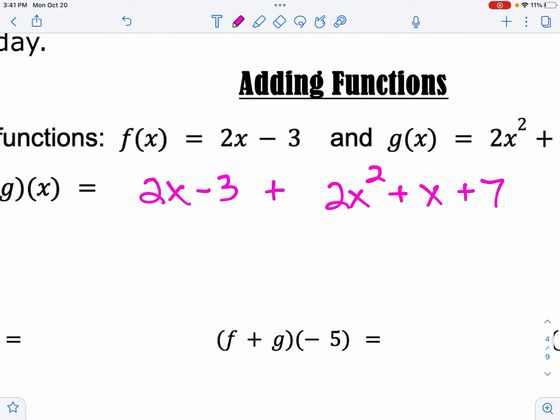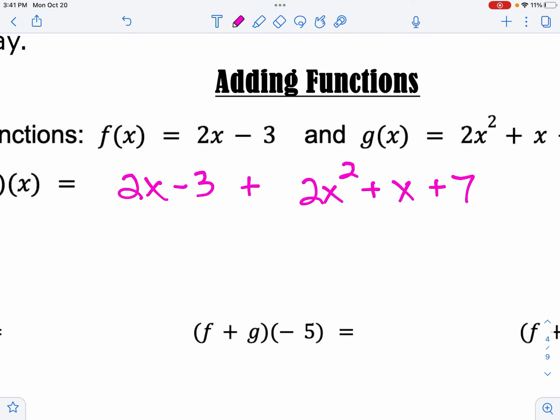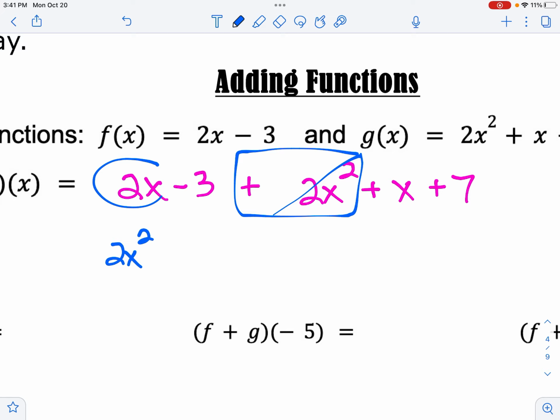Okay, so now I want to do the same thing I did before. Usually we want to start with our highest degree term first, so I'm going to go with that. Here's my 2x squared. There are no other squareds. And then I have 2x plus x is 3x.